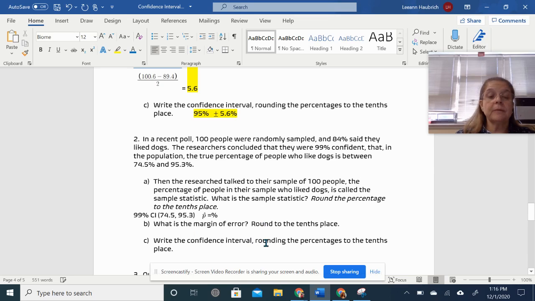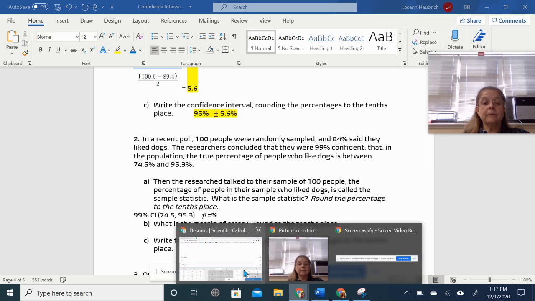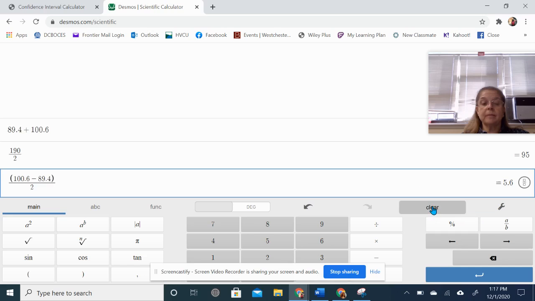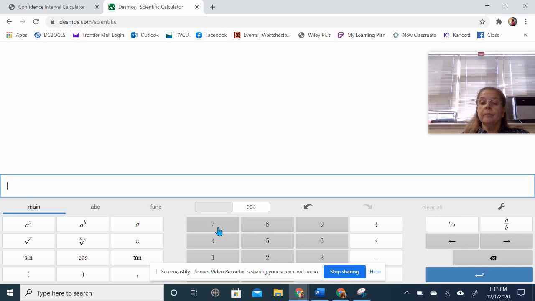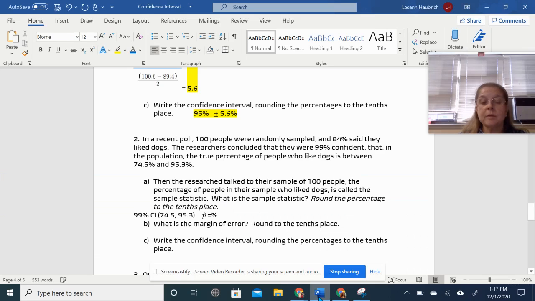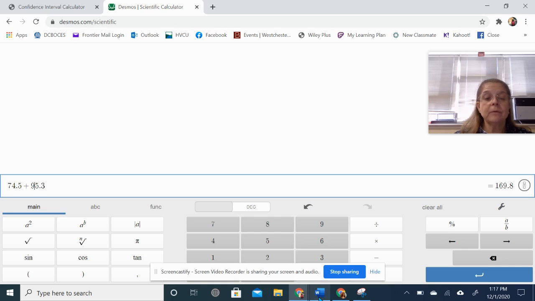So I'm adding 74.5 and 95.3. 74.5 plus 95.3. Let me just double check if I was correct on that. 74.5 plus 95.3. And so I can do it all in one time.